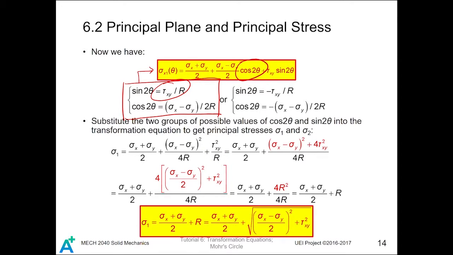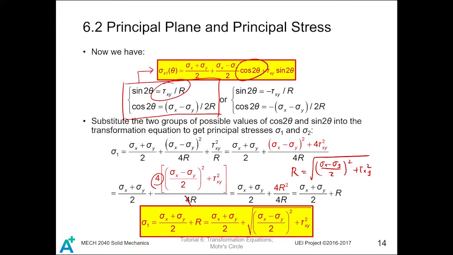We further simplify this expression by grouping those two terms with the same denominator. Then you can have this expression. Finally, we take 4 out of this term, such that it can be cancelled with the denominator. Then the thing left in this bracket will be something like this. However, what is R? Just now we said R equals the square root of sigma x minus sigma y divided by 2 squared plus tau xy squared.